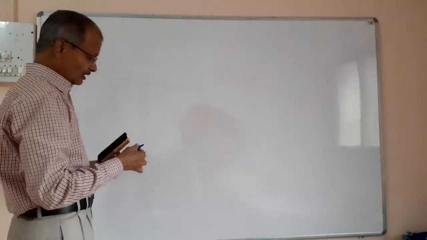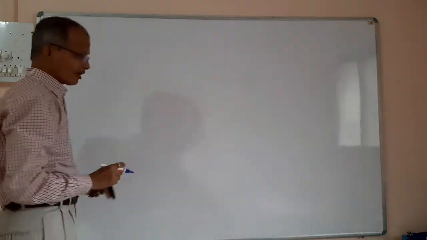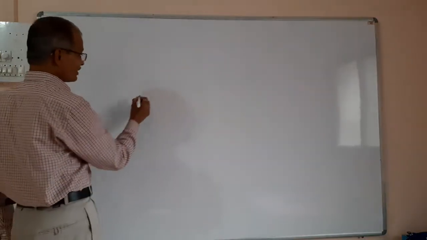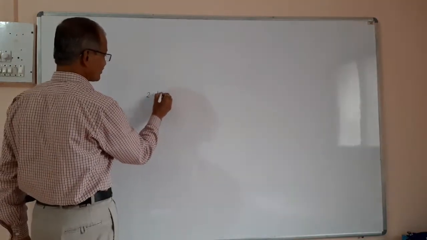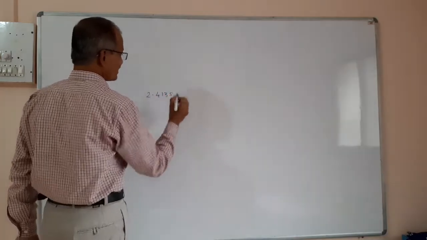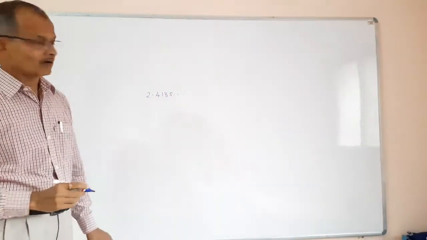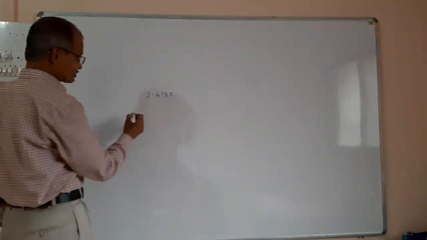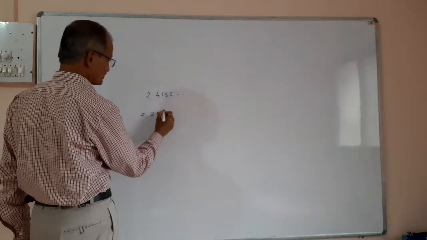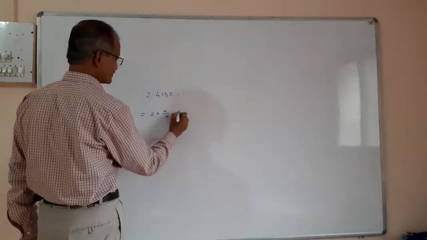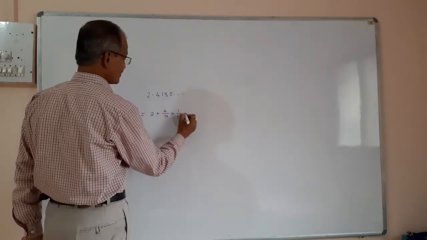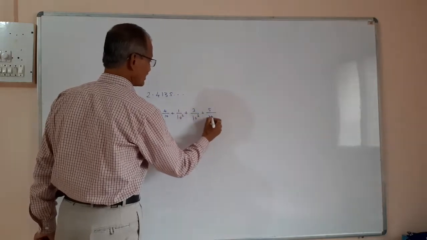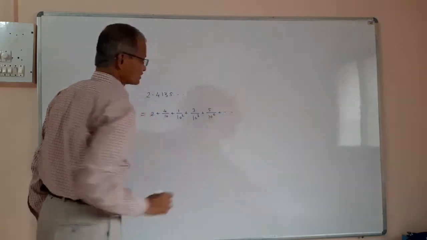Now we know the real numbers can be expressed in the form of decimal numbers, the decimal representation of a real number. For example, 2.4135 etc. is a real number, or this is a decimal expansion of a real number, which can also be written in this form: 2 plus 4 by 10 plus 1 by 10 square plus 3 by 10 cube plus 5 divided by 10 to the power 4 and so on.